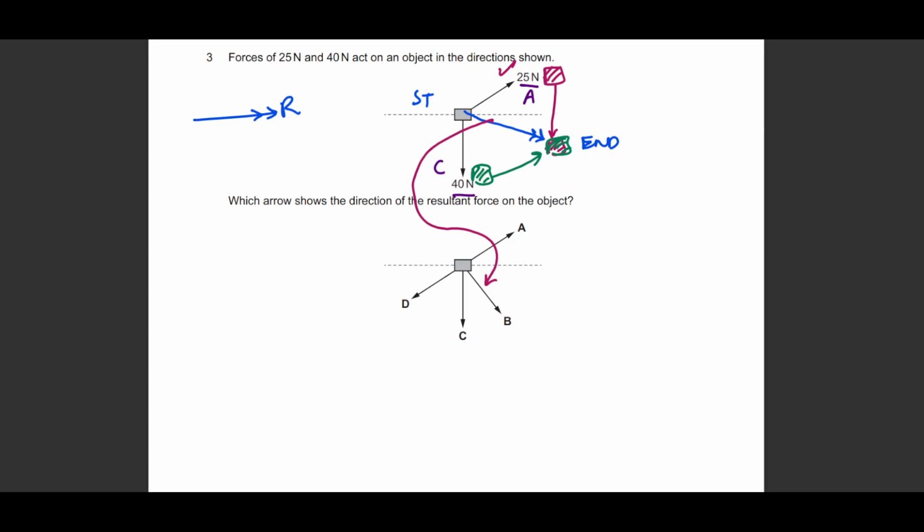But since there are two forces, or more than two, in most cases it's not possible that the object actually moves in the direction of one of them. I will show another example, which is an extreme case in which it is possible that it may move eventually in that direction. So A was impossible, C was impossible, but let's talk about D.